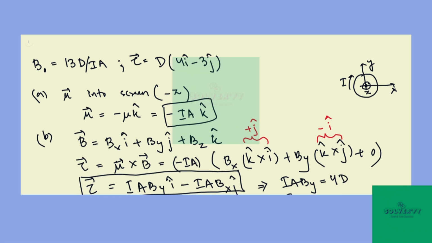So that is negative IA Bx equal to negative 3D. So from here we get that By is equal to 4D over IA, and Bx is equal to 3D over IA.